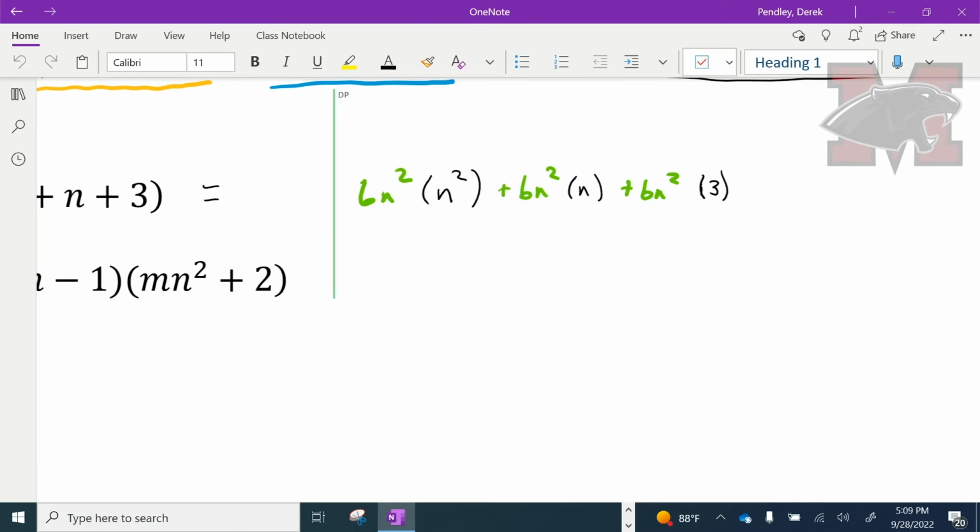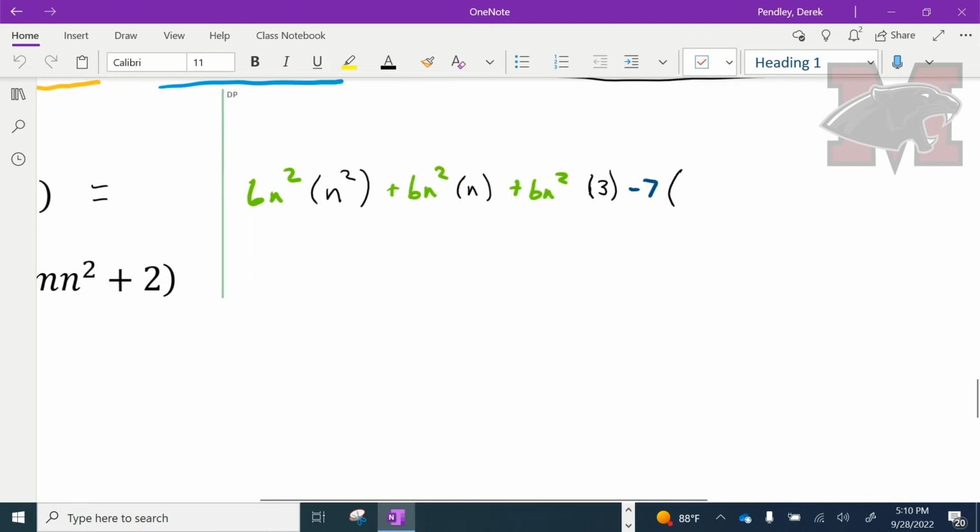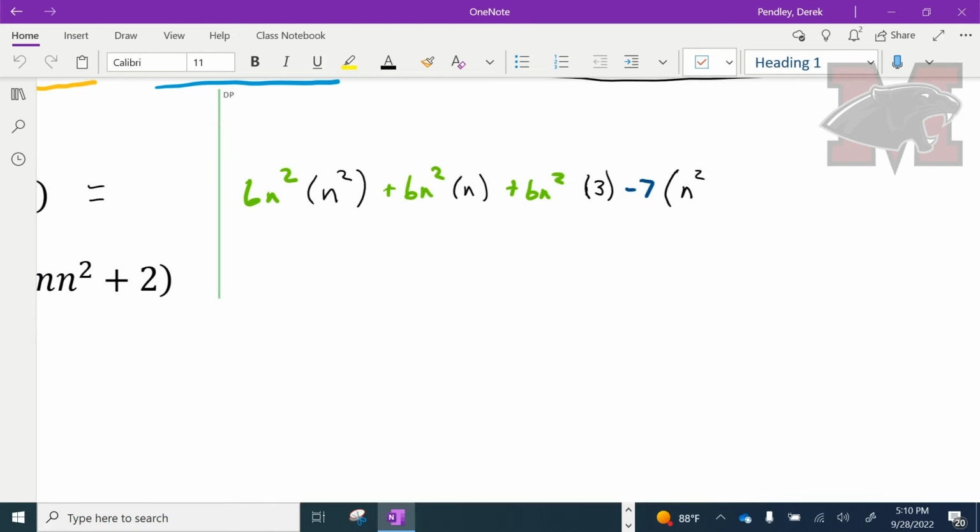Then I have my negative 7 multiplied by the n squared. And then I have my negative 7 multiplied by the n. And my negative 7 multiplied by the 3.